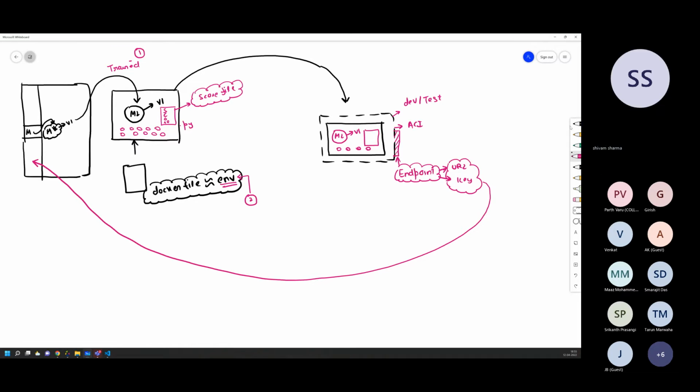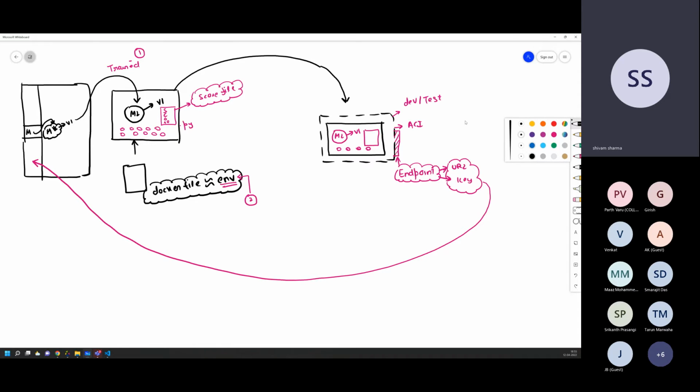Now, when the API call comes in, let's say the API call has these attributes. The score file loads this data into an array, and it does two things. First of all, it will load the model.